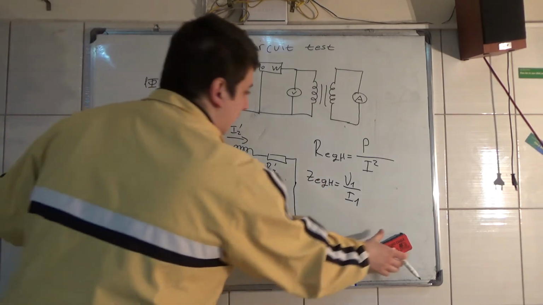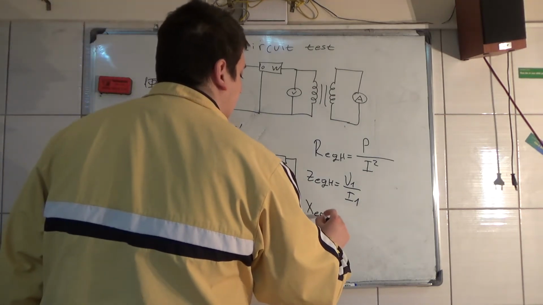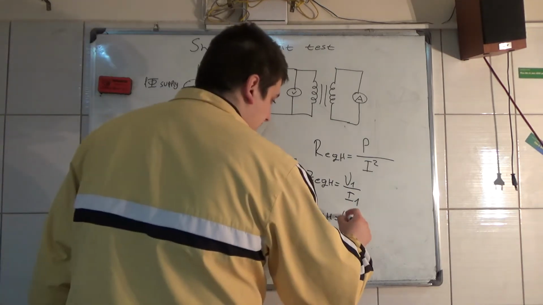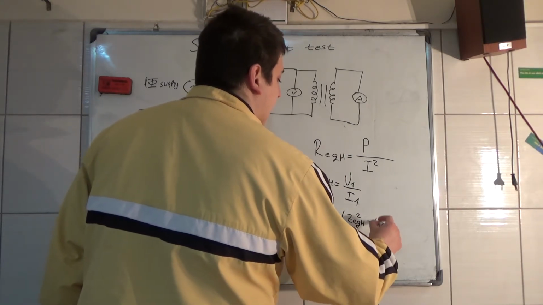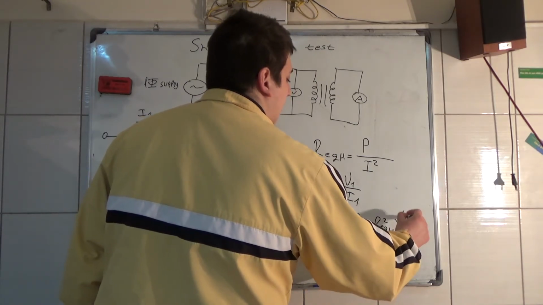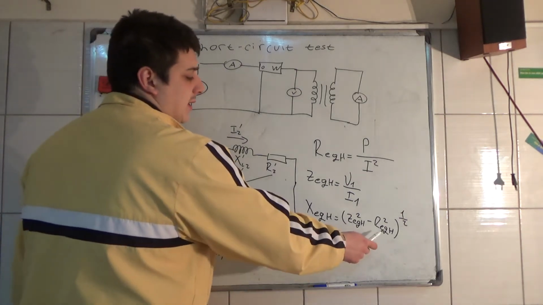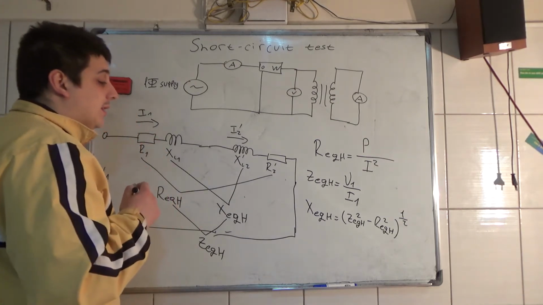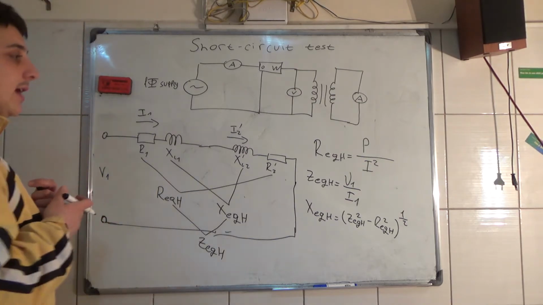So this is for alternating current, and series reactance is equal to Z equivalent H squared minus R equivalent H squared, all that to the power of 1/2. So the square root of Z equivalent H squared minus R equivalent H squared, that's from the Pythagorean theorem. And yeah, that's what we can calculate.